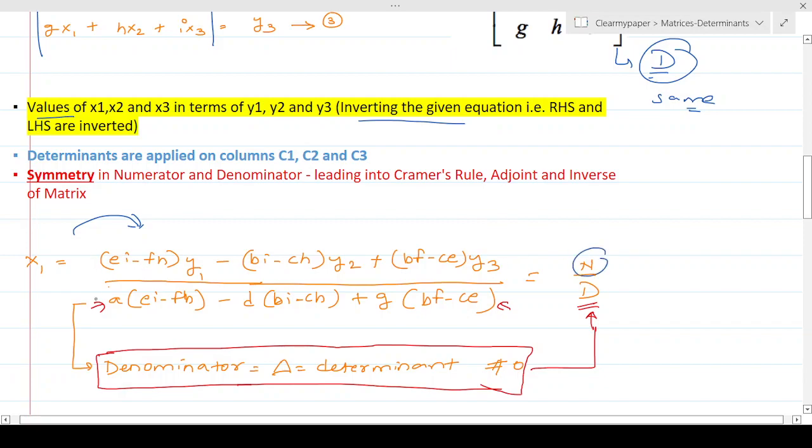And at the outset you can easily see there's a beautiful symmetry, which I also discussed earlier, between the numerator and denominator. So except for the coefficients over here, the items within the braces for the denominator are the same for each variable. The numerator and denominator are the same for x1.